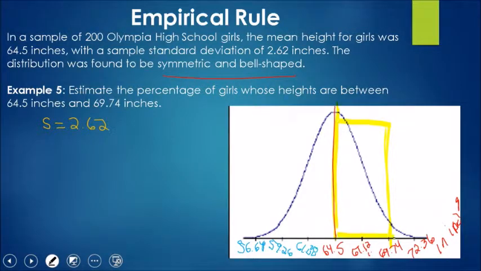And so we have to remember that how much falls within 1 standard deviation? 68%. 68% divided by 2 is 34% for that first standard deviation away. 34%.